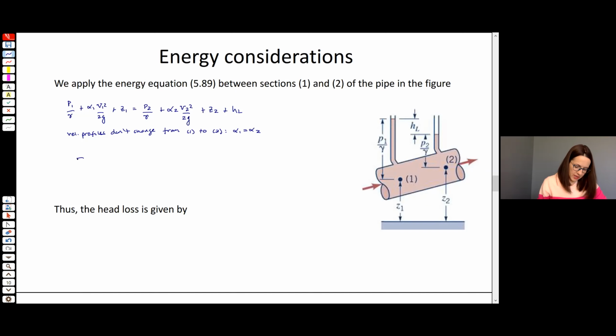So this gives us the following expression: P1 over gamma plus Z1 minus P2 over gamma plus Z2 is equal to the head loss, right? This is 8.22.